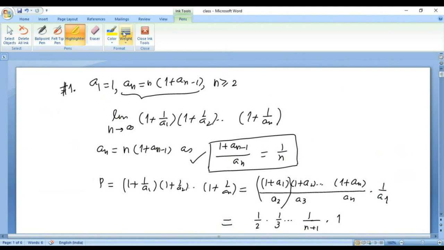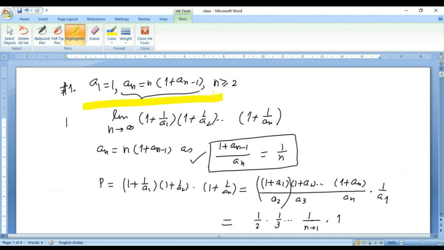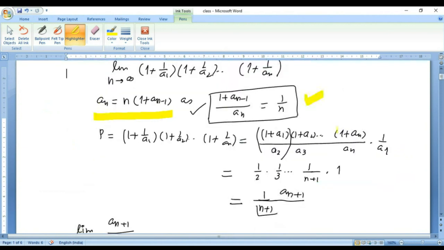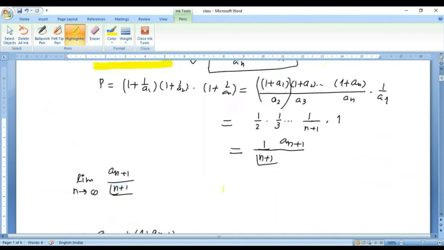So it was a_1 equal to 1, then a_n is n factorial. So this was the given recurrence relation. We played with this recurrence relation here, a_n is n times (1 plus a_(n-1)), and rewrote it this way. And we used them repeatedly to arrive at the expression in the last, a_(n+1) by n factorial.